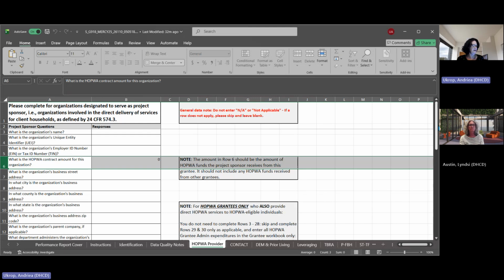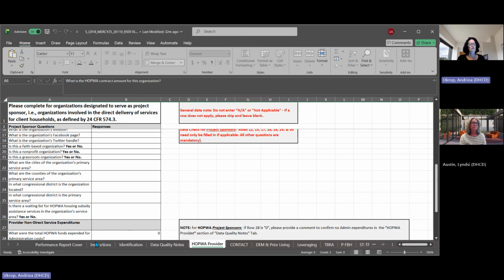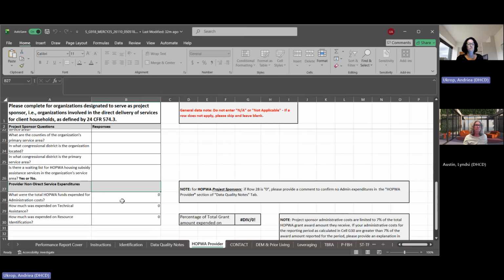As we move on down to row 27, this needs to add up to all of the money that was expended on administration costs, which is here in row 28.